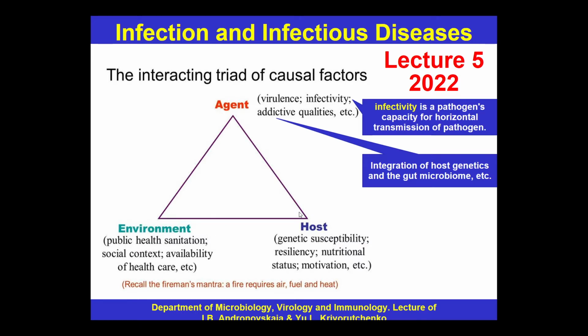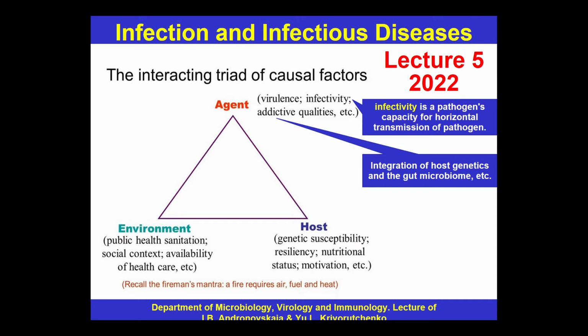All the factors influencing infection are subdivided into three elements, and these three elements, as shown by that figure, may be placed at the vertices of a triangle.